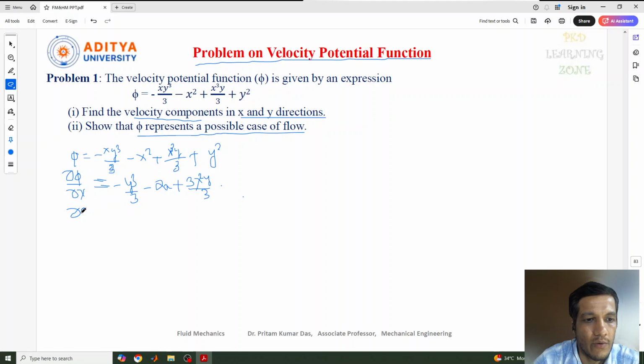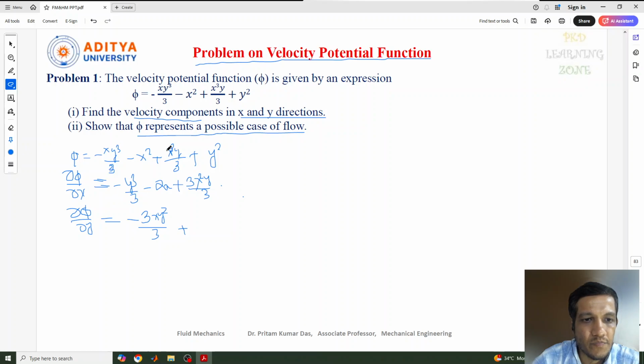Similarly, we need to find del phi by del y. With respect to y cube, x is constant, so it comes out. So we can write 3xy square by 3 as usual. And here x square is there, so that will not have a derivative with respect to y, so leave it.